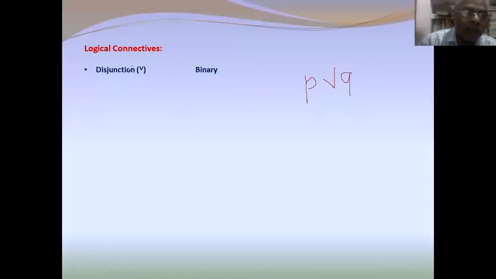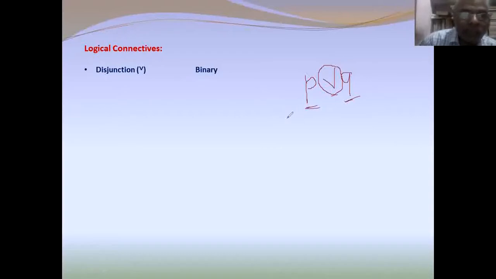There are a number of different logical connectives like disjunction, conjunction, negation, and exclusive disjunction. They are either binary or unary. Binary means this connective needs two propositions. If any connective needs two propositions, then it is called binary.